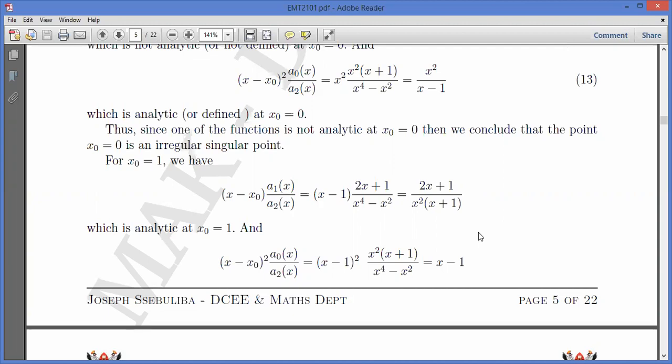So you substituted x not equals to 0 in the first expression where you had x minus x naught, a1x over a2x. Yes. But then even in the final expression, when you want to conclude that it is analytical, maybe at x not equals to 1, you're trying to show us that x now is 1, yet we don't have x naught anymore, but you're concluding based on x naught. So I don't know how you're doing this.